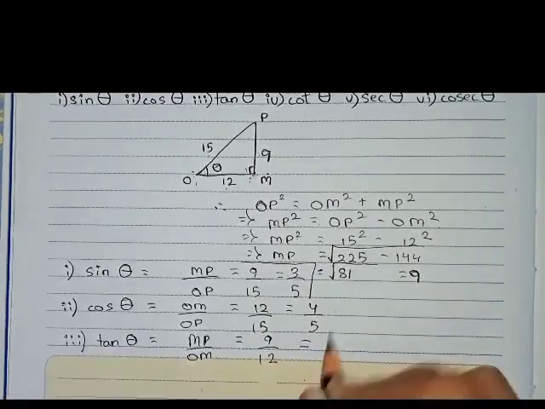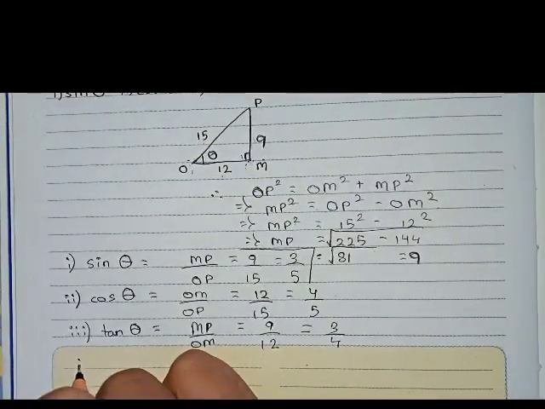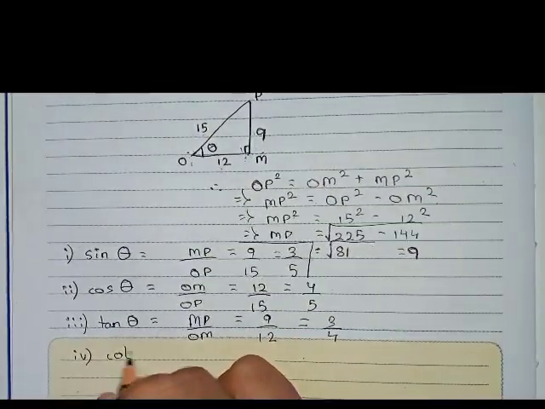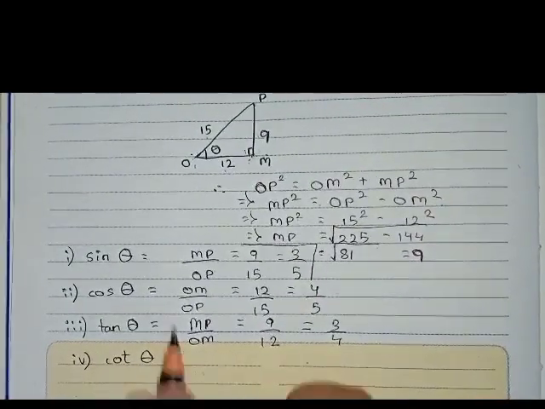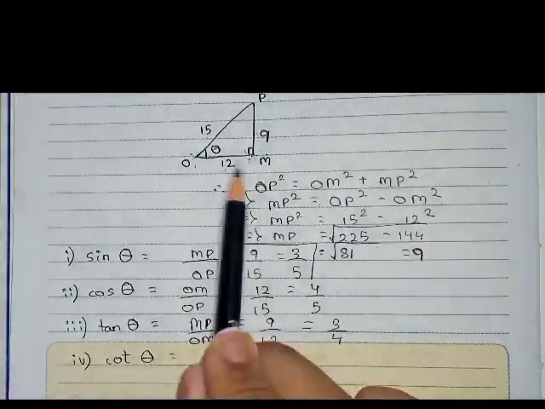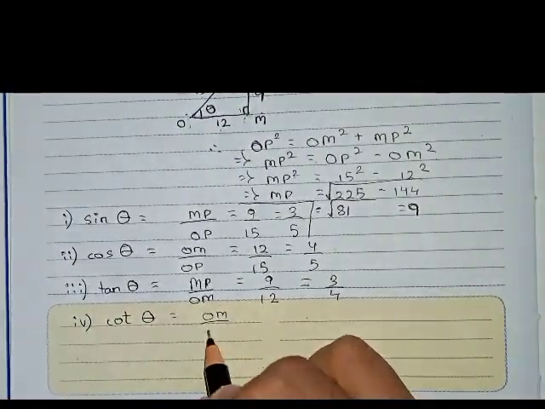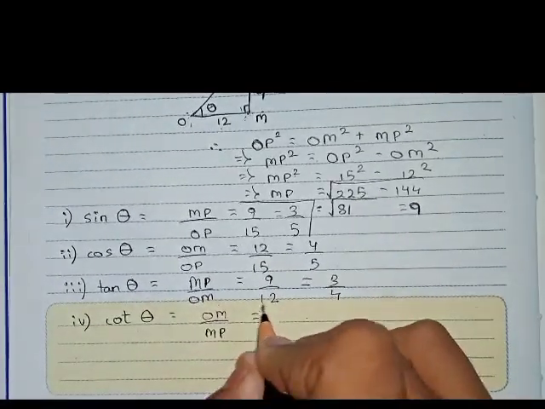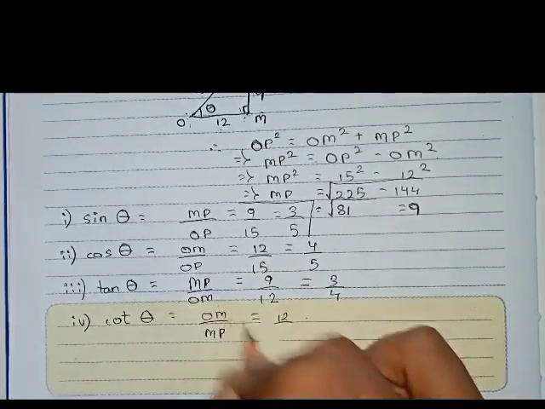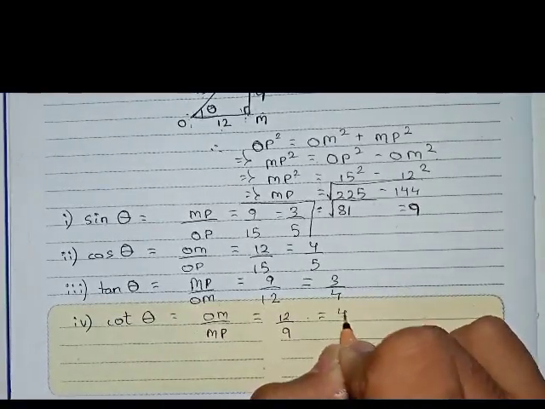Again we cut by 3, it will become 3 by 4. Number 4 is cot theta. Cot is the reciprocal of tan, which means base by height. So OM by MP. OM value is 12 and MP value is 9. So 12 by 9 will be equal to 4 by 3.